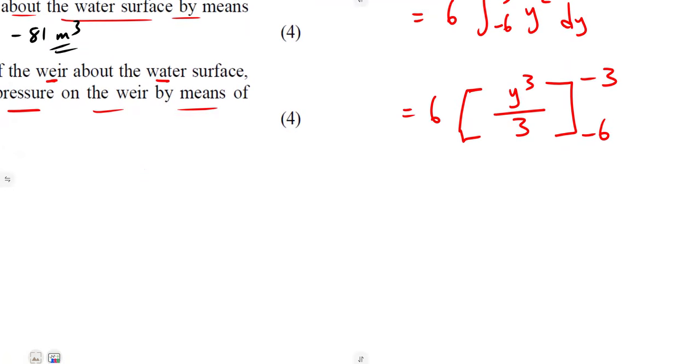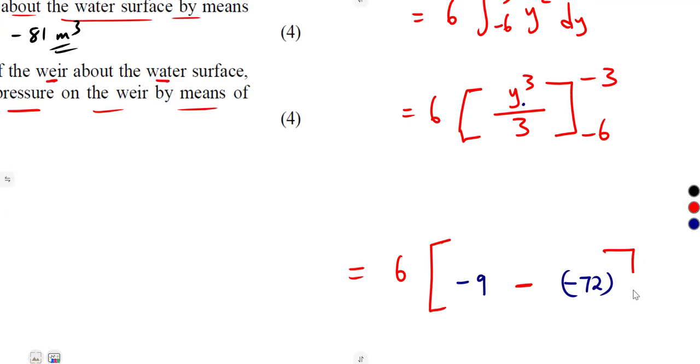If we substitute our upper limit, negative 3, in place of y, we're going to get negative 9, minus the lower limit. If we substitute negative 6, it was going to give us negative 72.